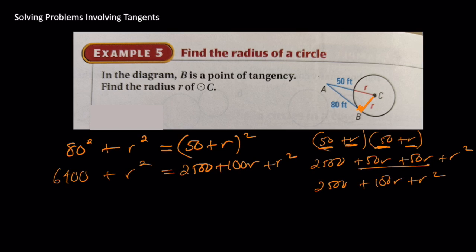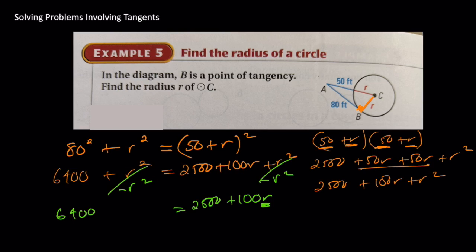Now, we just need to solve for r. So you might think, oh, that's a little confusing, except I can do minus r squared on both sides, and guess what? Those are gone, and I would be left with 6,400 equals 2,500 plus 100r. So notice we only have one r left, which is pretty convenient.